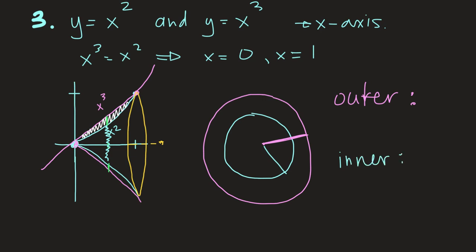Every time we have one of these washer problems, there's a hole in the middle of the solid from revolving something. We have an outer radius and an inner radius, R1 and R2, we'll say.